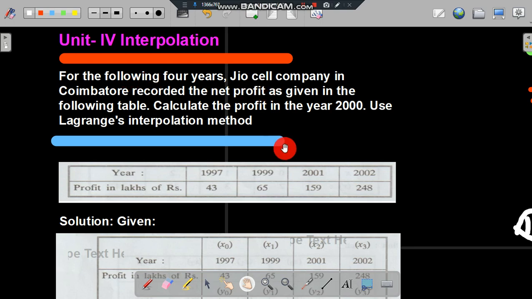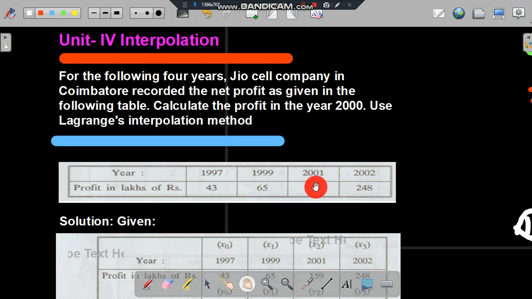Okay, this is the situation. So this table gives the corresponding year and the profit produced by the GeoCell company in Coimbatore. There are 4 years given to us, and the corresponding profit in lakhs is also given.